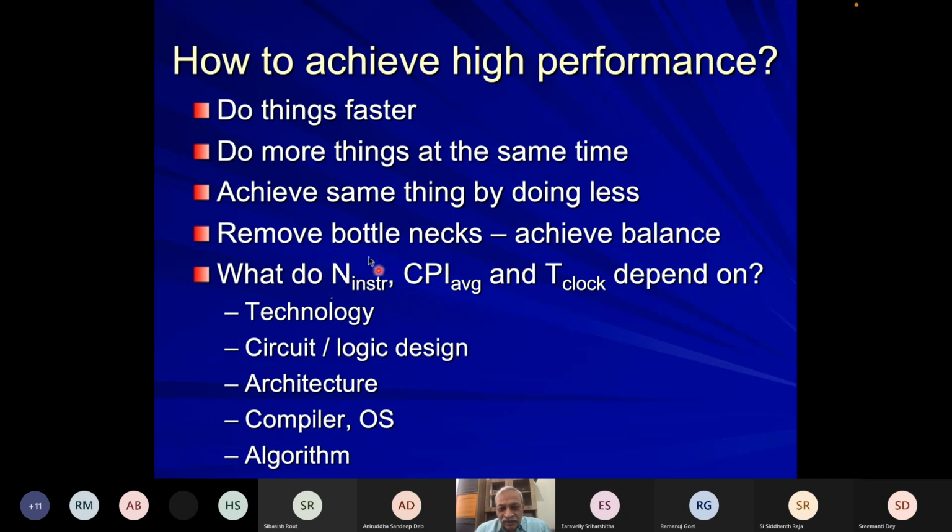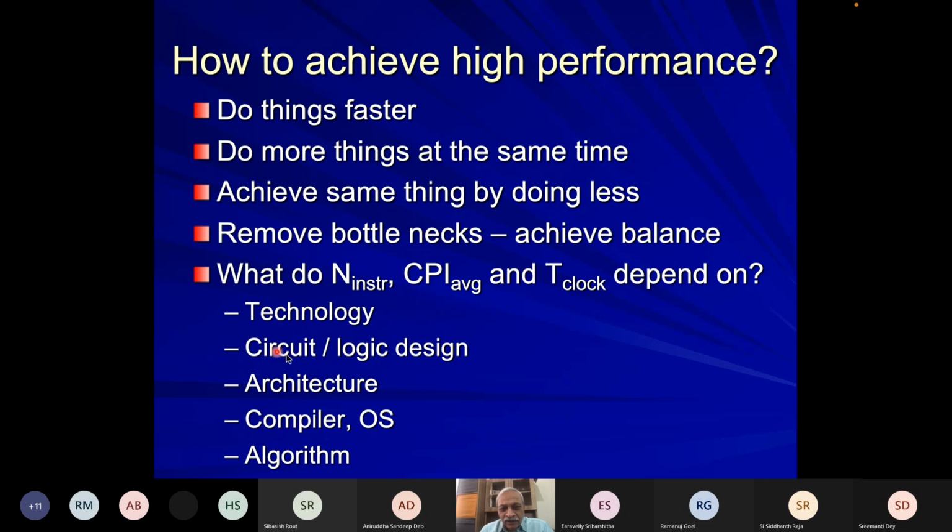You would be doing the same thing with fewer instructions. Compiler and OS also significantly influence the number of instructions. So the compiler can generate more efficient code or less efficient code depending upon what kind of optimizations are built in. It could influence the average CPI, because if the compiler chooses instructions which have lower CPI, then the overall average will be better. We have seen a numerical example illustrating that.